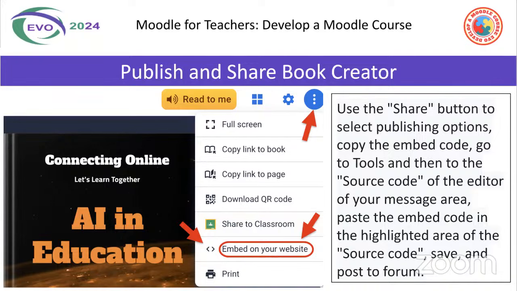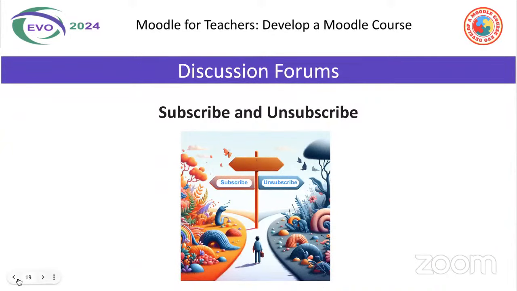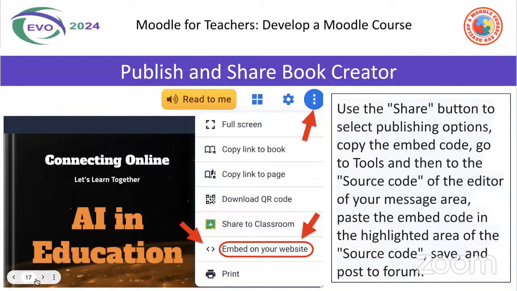And here it's the Moodle, our course on Moodle. And again, you do it by going to the editor, the source, tools, source code, and then just paste it in the highlighted area and post to forum.